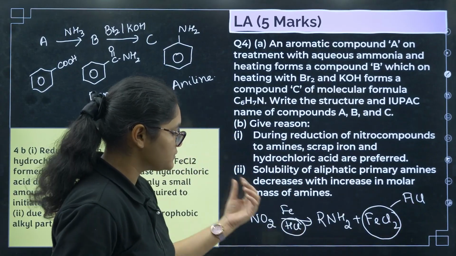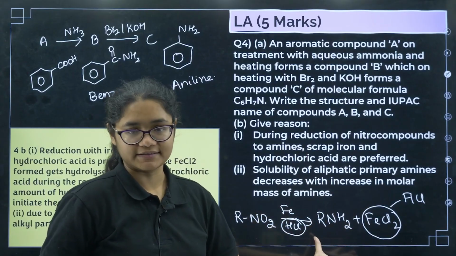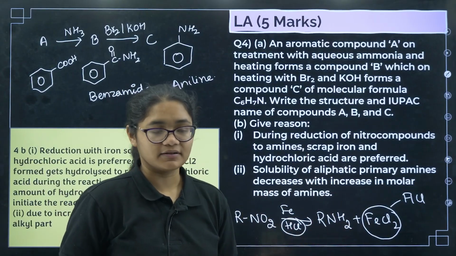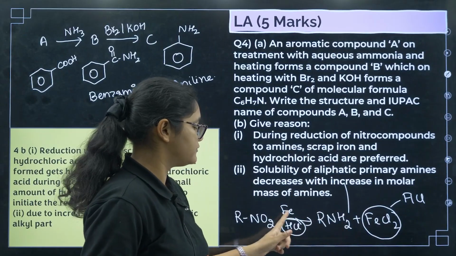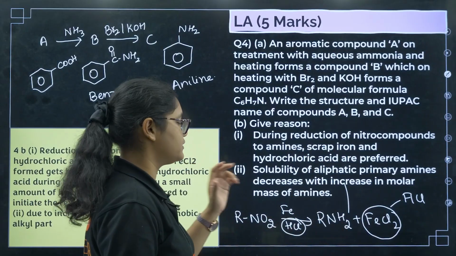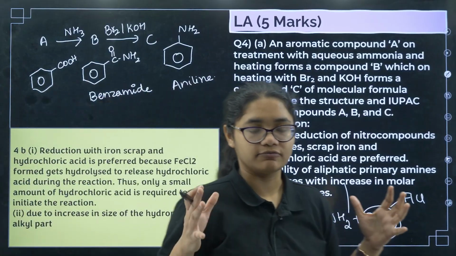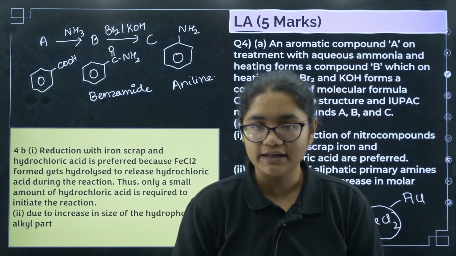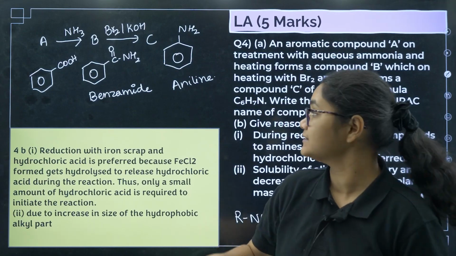So because with a very little amount of HCl you can produce more and more amount of HCl, this is the preferred method. This FeCl2 undergoes hydrolysis and gives you back HCl, so that is why we prefer this method. Next, solubility. Due to the increase in the size of the hydrophobic part, the solubility will decrease because the tendency to form hydrogen bond also decreases.